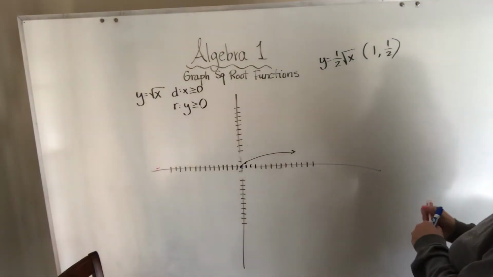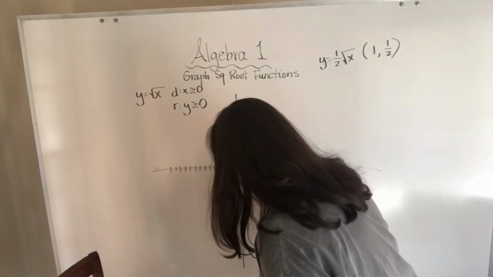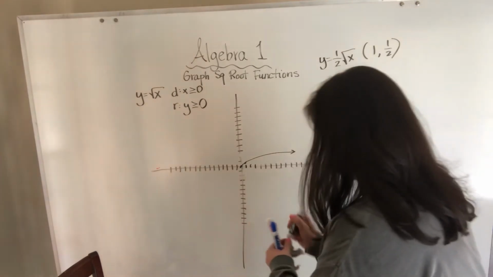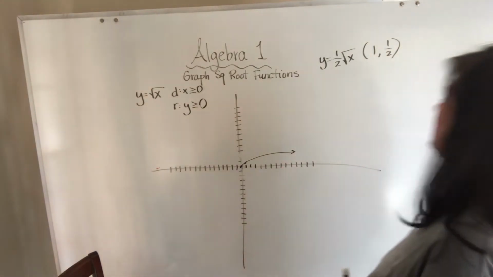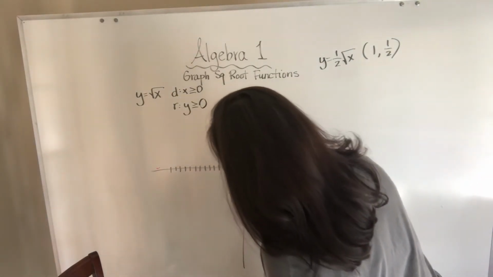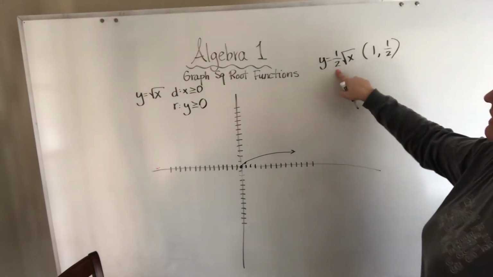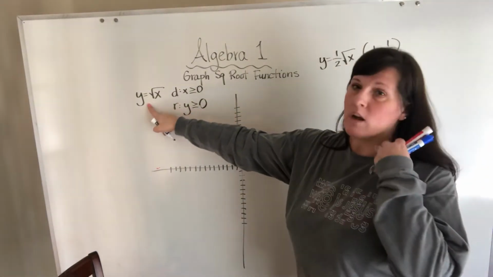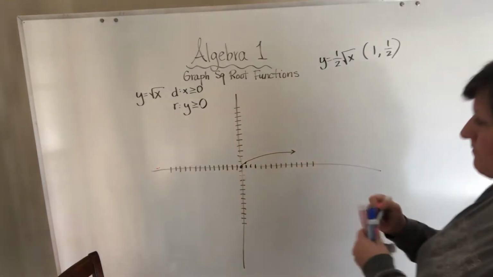Now, let's do red again, just because that shows up pretty well here. Fix our graph, my terrible black marker. All right, so here's my parent function, y equals 1/2 square root of x. And to determine my parent function, I'm really just looking at what's here and what's in front of here. Notice there's just a 1 here, so my parent function for that was the 1, 1 graph, right?